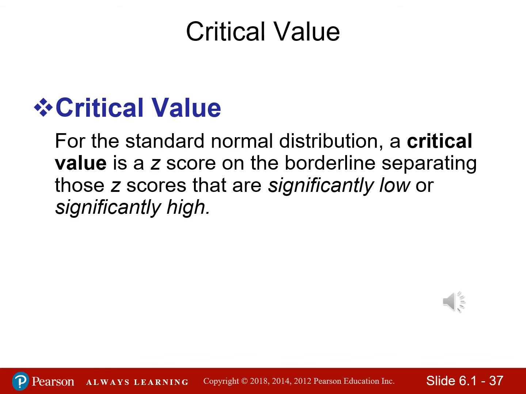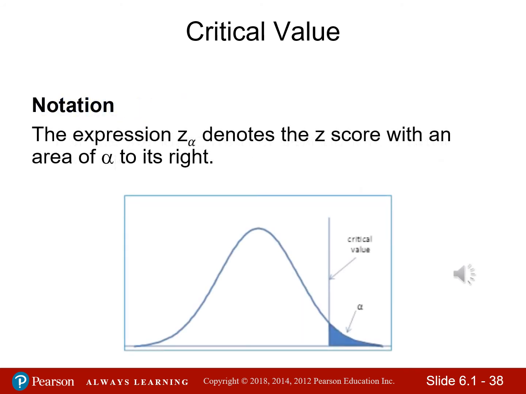For the standard normal distribution, a critical value is a z-score that is on the borderline separating those z-scores that are significantly low or significantly high. The expression z subscript alpha denotes the z-score that corresponds to the area of alpha that is to its right.